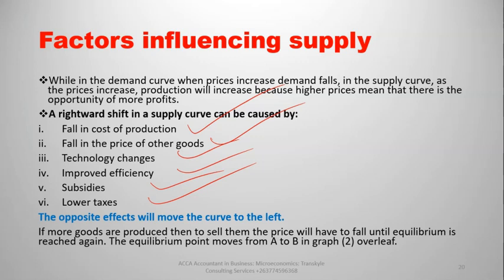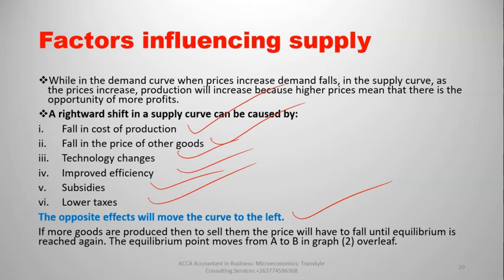Now, the opposite effects will move the curve to the left. So in the exam, you just have to know what the factors are which may cause a supply curve to move to the right.